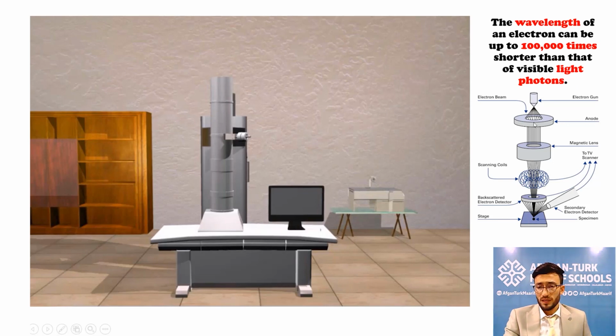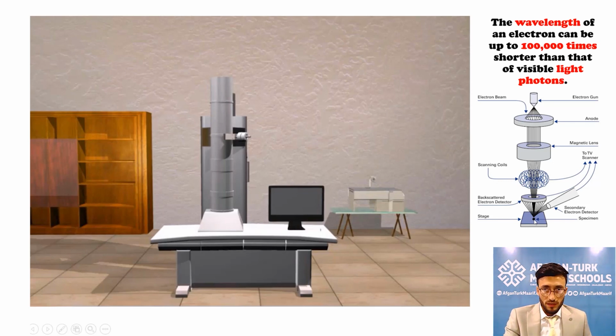So let's begin. At the first stage, the electrons are produced by the electron gun. Then a beam of electrons travels through a vertical path, passing through different types of magnetic lenses and also scanning coils, and after passing the backscattered electron detector, it will reach the sample.